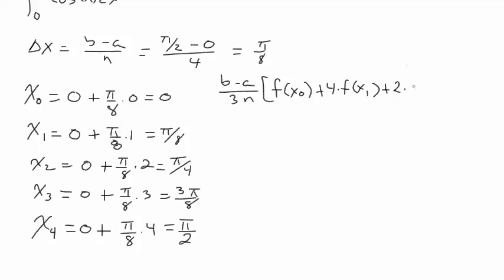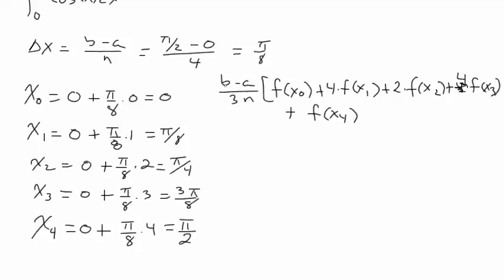Then plus 2 times f of x2 plus 4 times f of x3. Wait, this should be a 4, yeah, I had that right. And the last one, f of x4, has a coefficient of 1. So the one before the last one needs to be a 4, and the last one has a coefficient of 1.